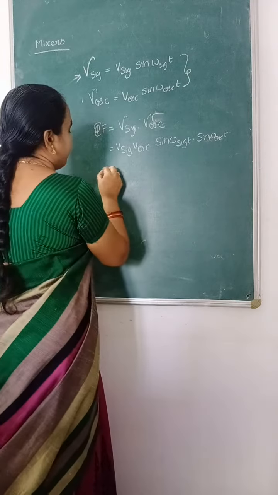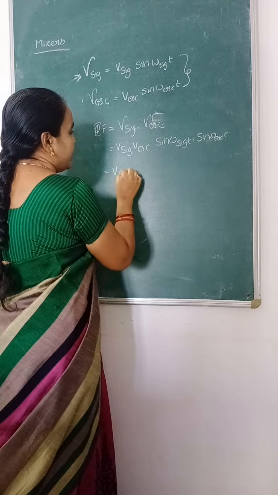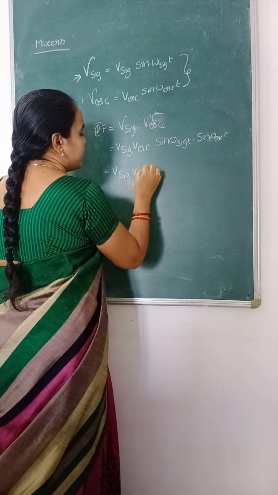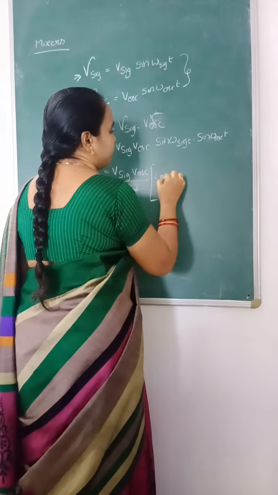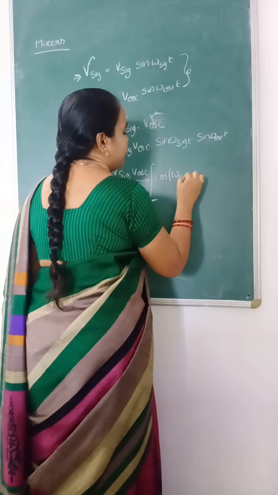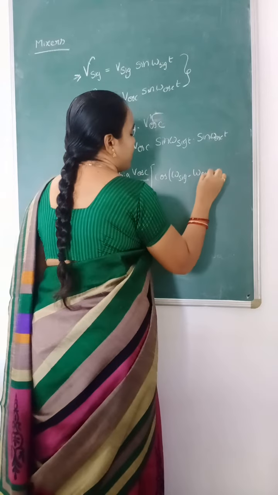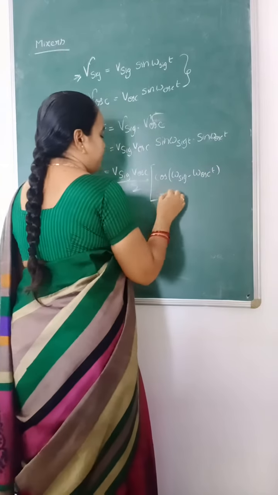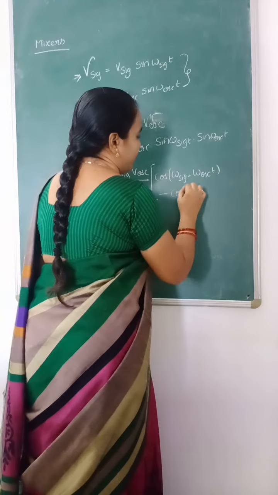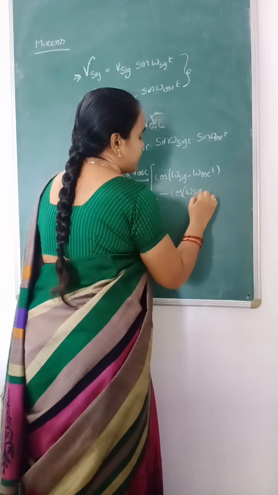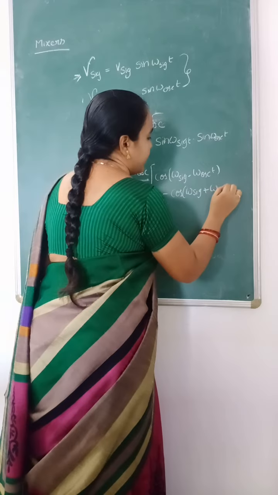So with 1 by 2 common, it is V signal into V oscillator divided by 2, cos of omega signal minus omega oscillator into T, minus cos of omega signal plus omega oscillator into T.